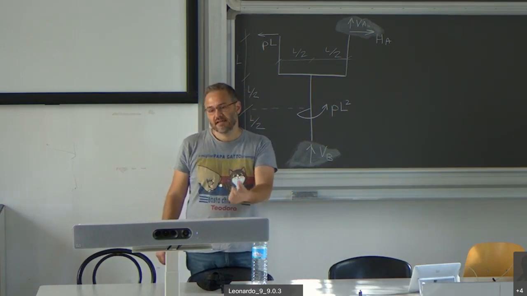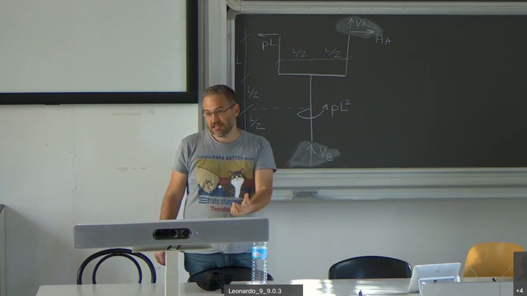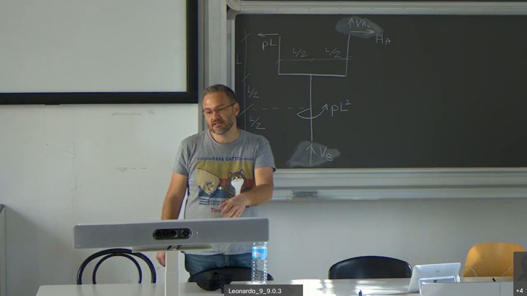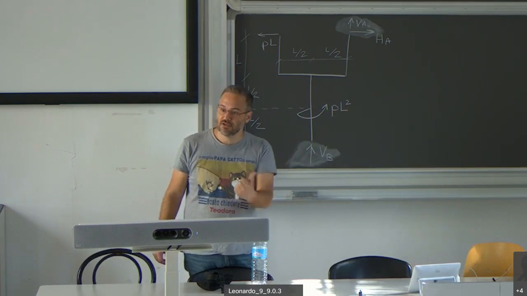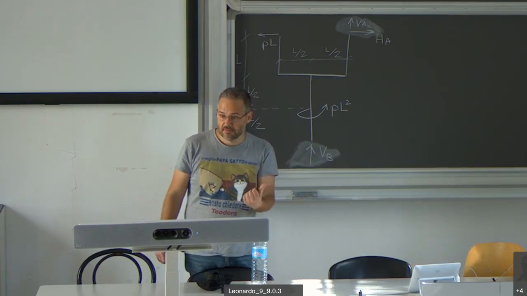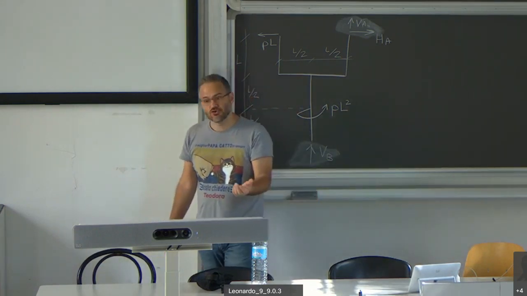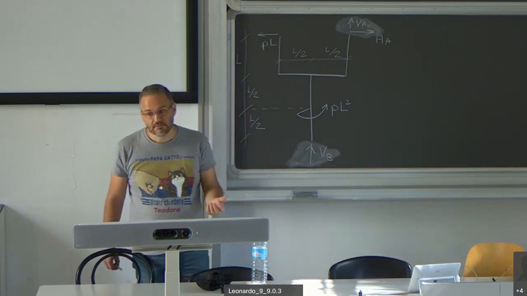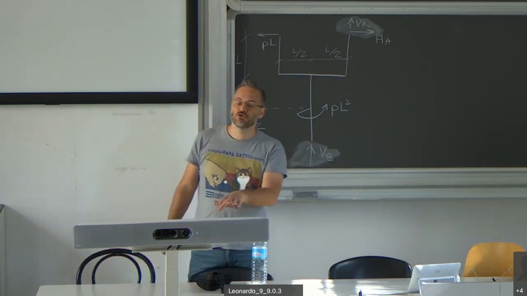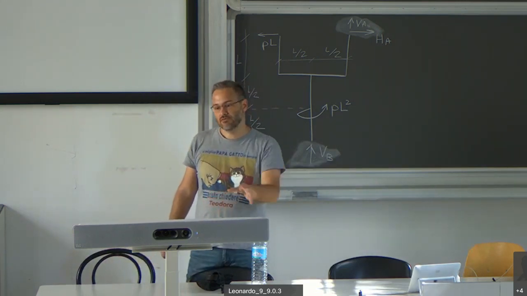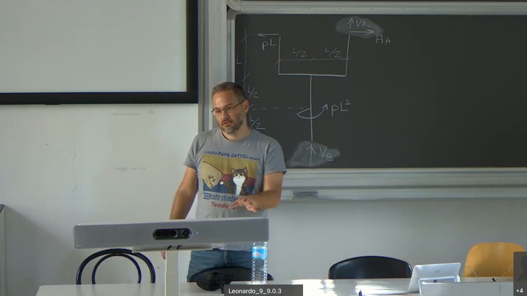If I get HA positive, it means the direction is right. If I get it negative, it means HA is directed to the left. Okay? So convention is totally arbitrary. You can choose whatever convention you want. And then looking at the solution you get, you can reverse the arrow to match the correct direction. Okay?